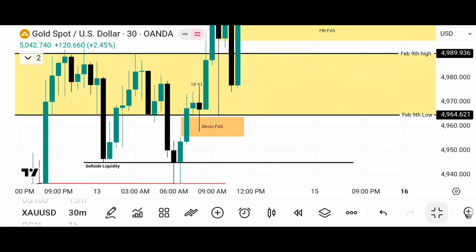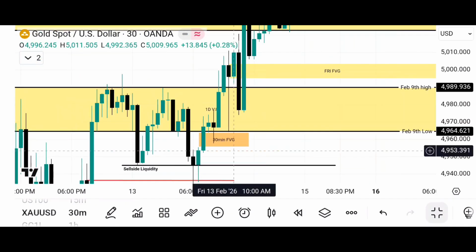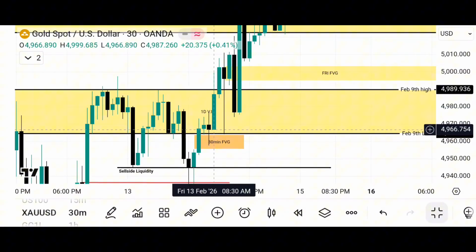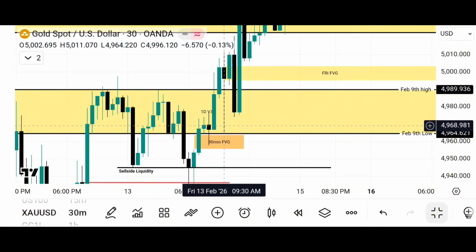Now you see this drop down right here in price. This week traded down into this order block. This down close candle was formed at 8 a.m. So the New York session is in play at this time. And this drop down into this order block was done at 9:30, which is the market open.